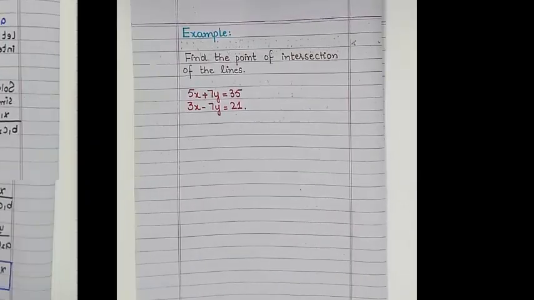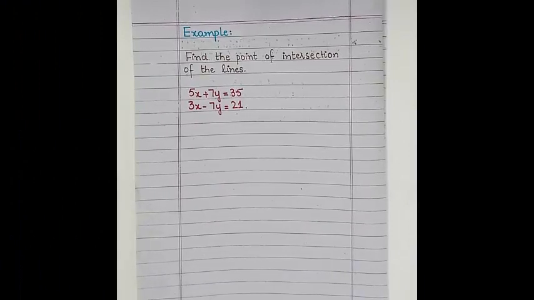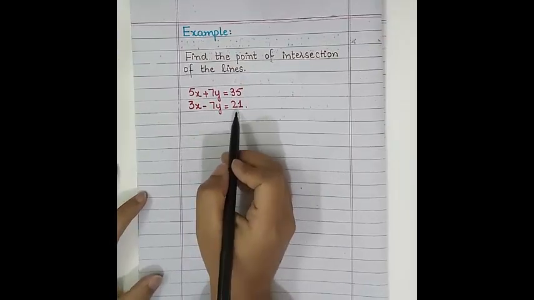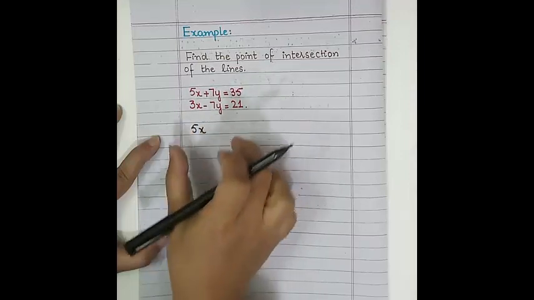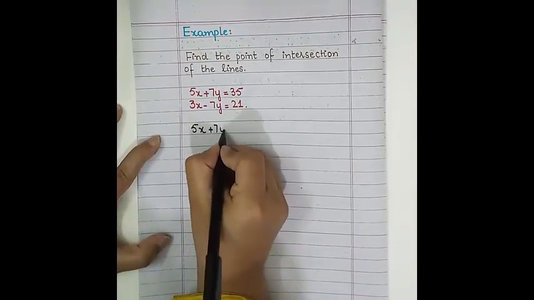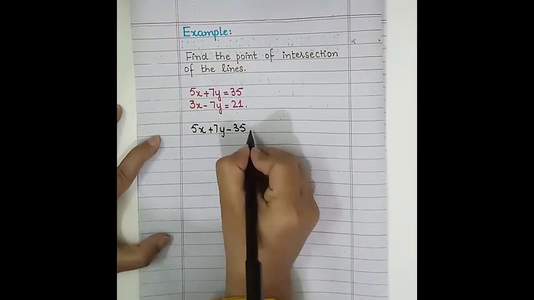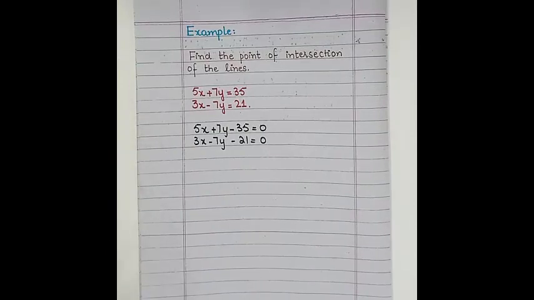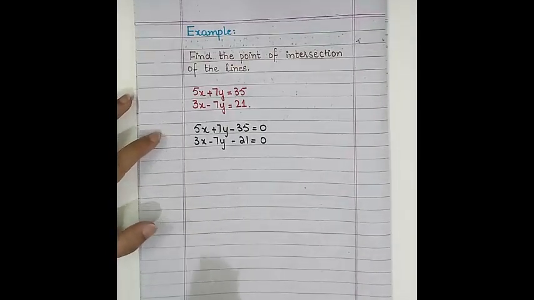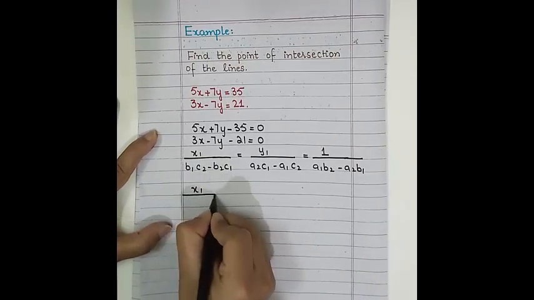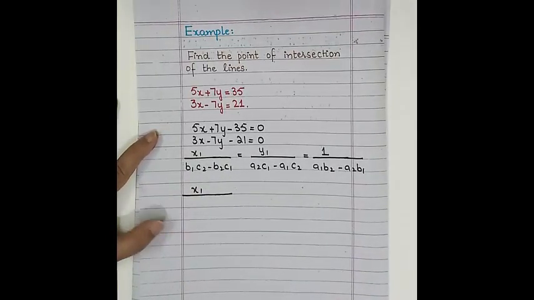Taking an example, find the point of intersection of the lines 5x plus 7y is equal to 35, 3x minus 7y is equal to 21. So writing the equation in the standard form, we have 5x plus 7y minus 35 is equal to 0. Now as we know the formula, we have to fix x1, then we have b1 c2.